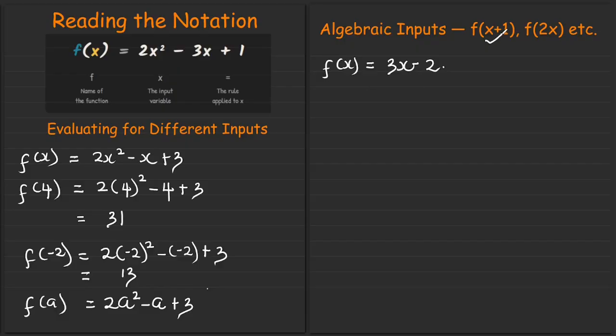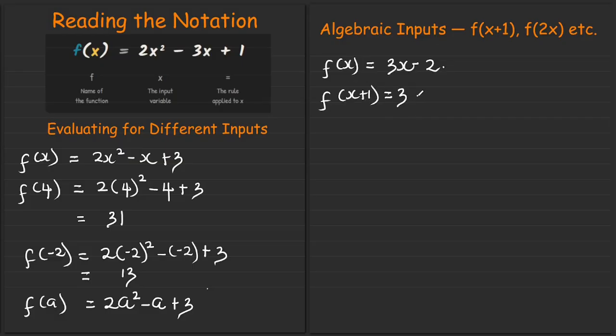Our first example here: let's say we are to evaluate f of x plus 1. What is it going to become? It simply means that anywhere we see x in our original function, we put x plus 1 all together in place of x. That is to say, we have our 3, then instead of the x, x plus 1.